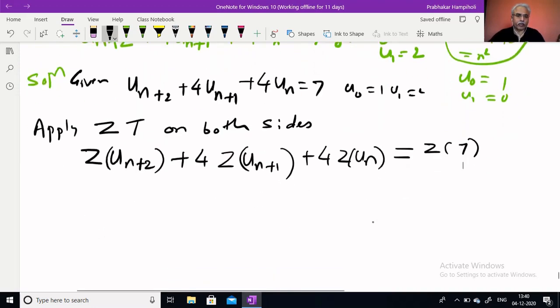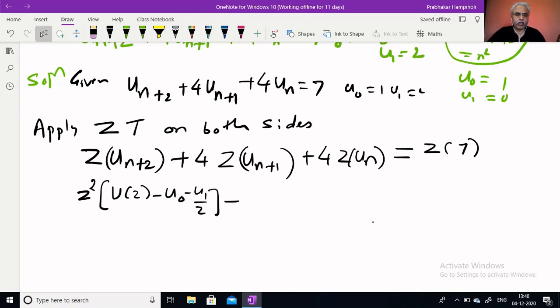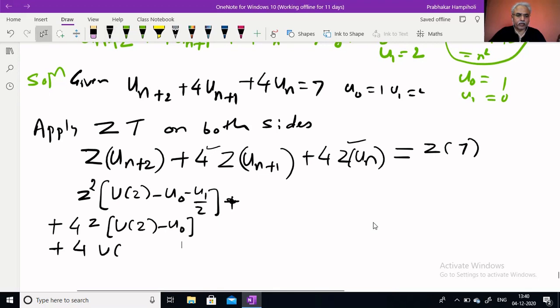Now we use the shifting property. The first term becomes z square into bracket u of z minus u0 minus u1 by z. The second term becomes plus 4 times z into u of z minus u0. The third term is plus 4 times u of z, all equal to the right hand side. The z transform of 7 is 7 into z by z minus 1.